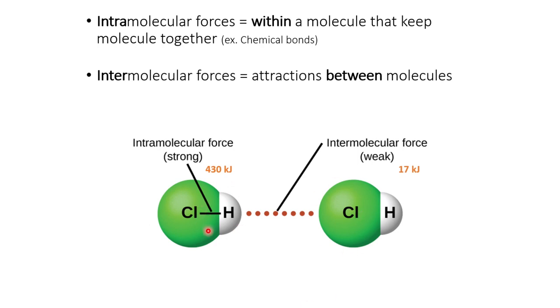This covalent bond has a value of 430 kilojoules. So in other words, remember, it costs energy to break covalent bonds. So that means that you have to put 430 kilojoules of energy into this bond to break it apart. Whereas the intermolecular force is a weak force, and that only requires 17 kilojoules to disrupt that attraction there.